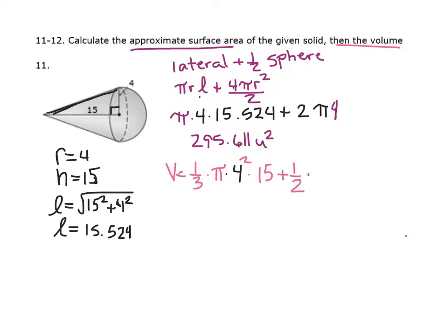Volume of a sphere is going to be 4/3 pi, and then we have our radius cubed. And then from there you type it into your calculator. And this would be units cubed.